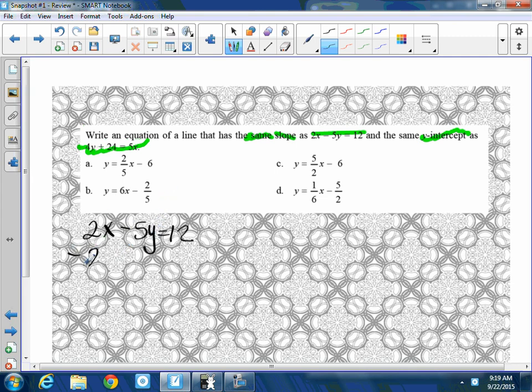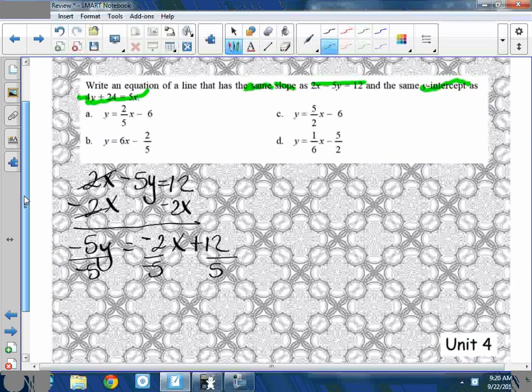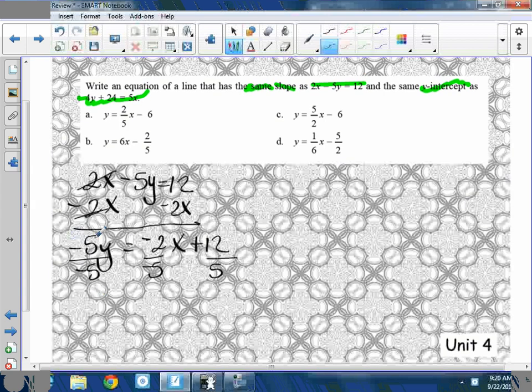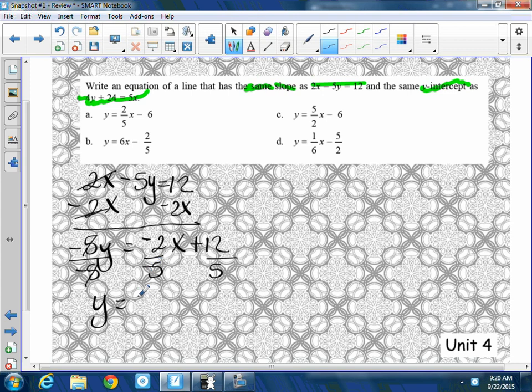So to solve for y, I need to do minus 2x. That would be 0. So then you get negative 5y equals negative 2x plus 12. And now I'm going to divide everything by negative 5. Negative divided by negative is a positive.